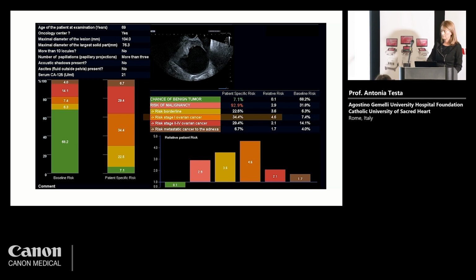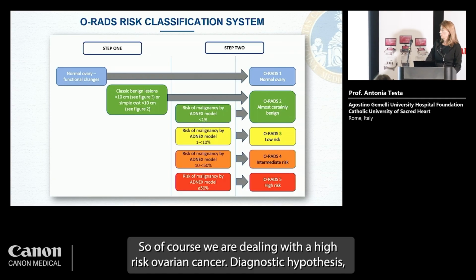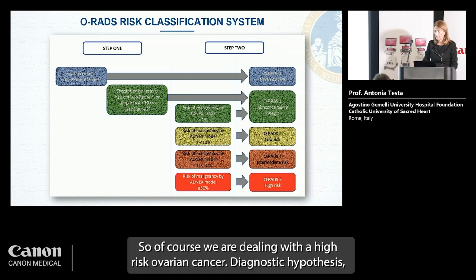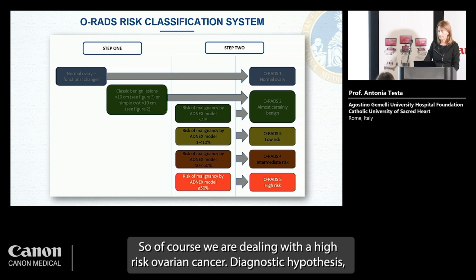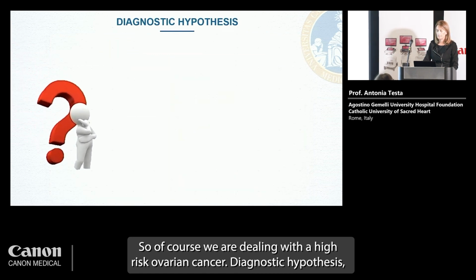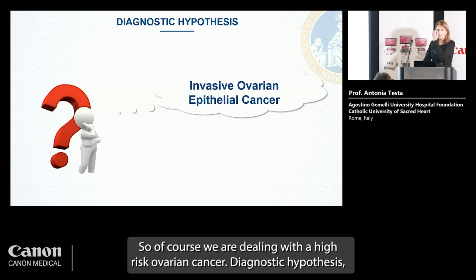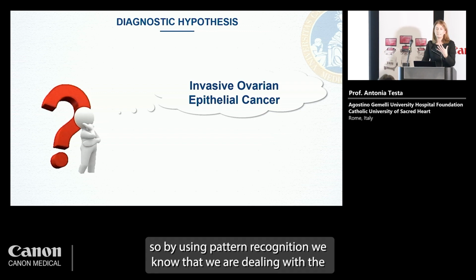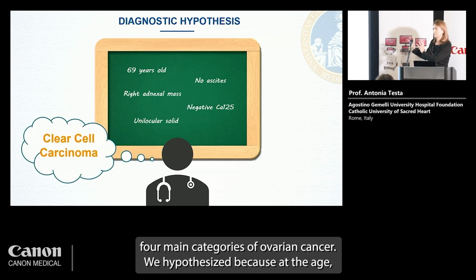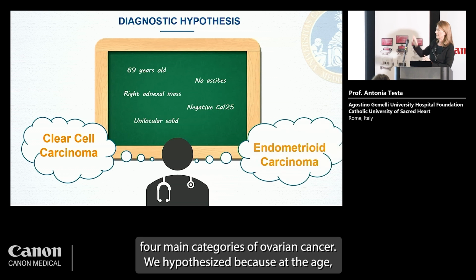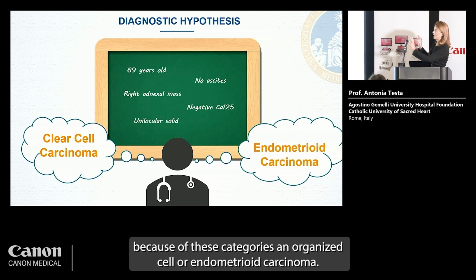So, of course, we are dealing with high risk ovarian cancer. Diagnostic hypothesis: by using pattern recognition, we know that we are dealing with the 4 main categories of ovarian cancer. We hypothesized, because of the age and because of these categories, clear cell or endometrioid.